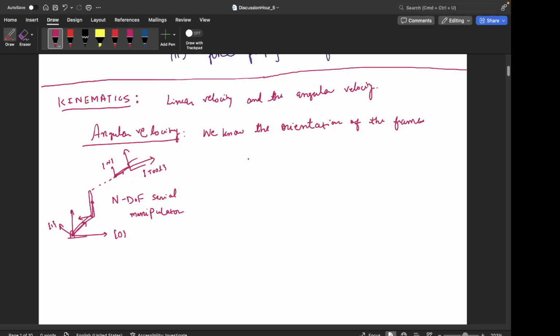Okay, so we know the orientation of the frame, and orientation is expressed in terms of the rotation matrix R, right?